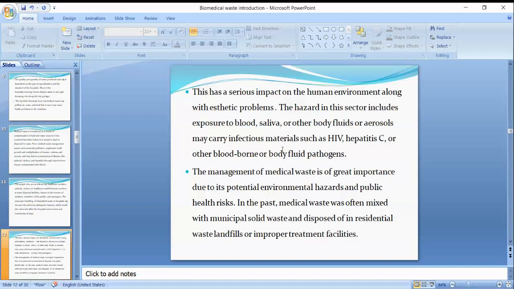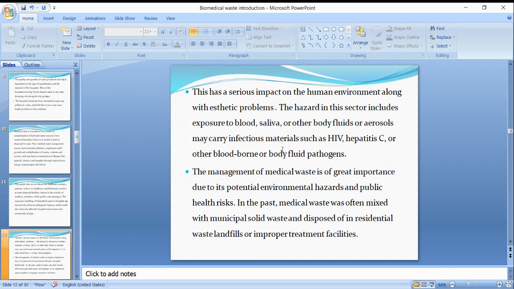This has a serious impact on the human environment along with the aesthetic problem.